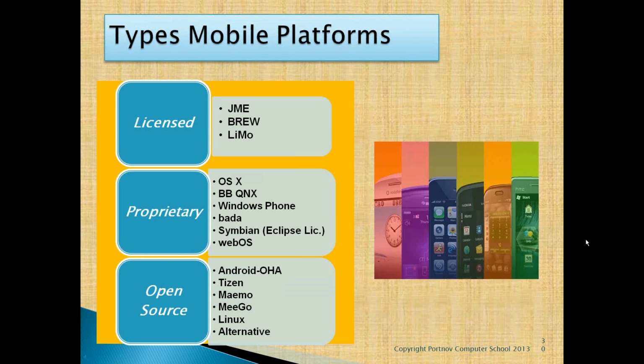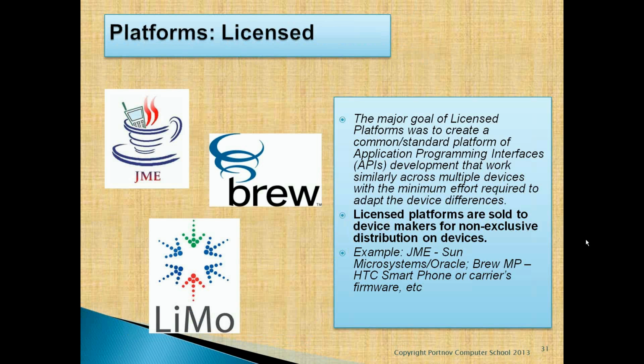We need to cover a little bit the types of mobile platforms. Again, it's general conceptual understanding. You don't need to remember all the names, but you should know there are 3 types of mobile platforms: license, proprietary, and open source. License is pretty much a standard platform.